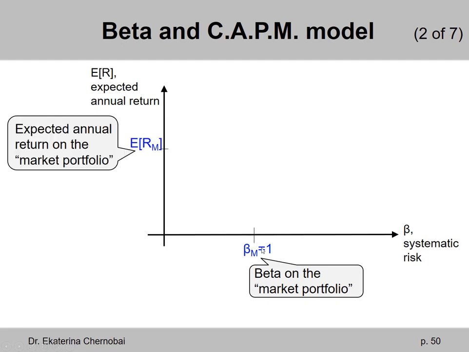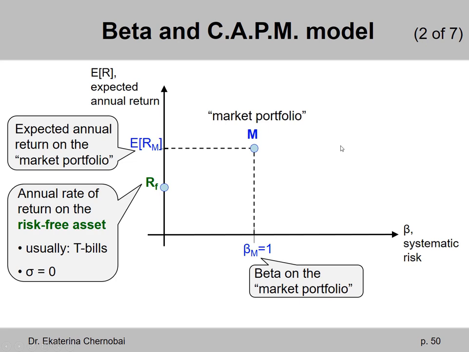And then for the market portfolio, with the beta of 1, there is some expected return for it. E, and in the brackets we put R and subscript capital M. M stands for market portfolio, R stands for return, E stands for expected. So we have this point, the market portfolio, point M. Then there is one more important point.